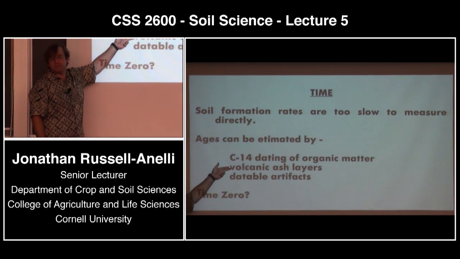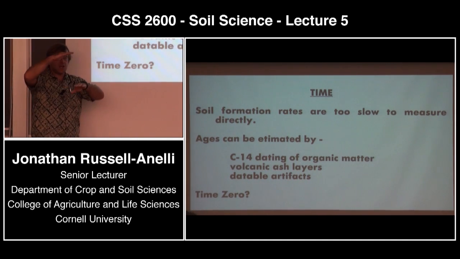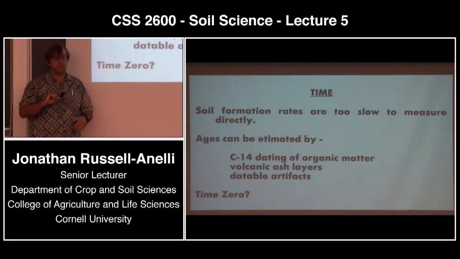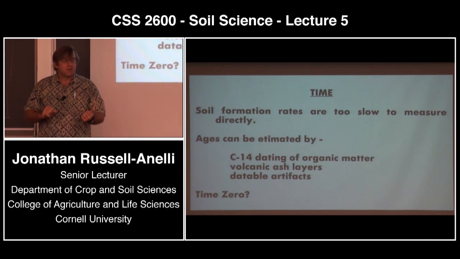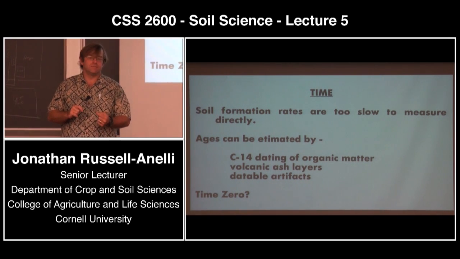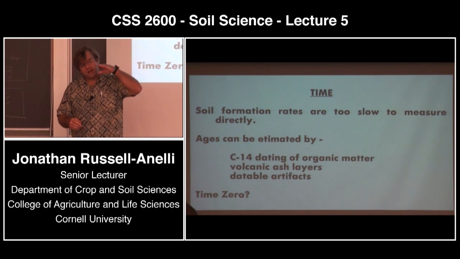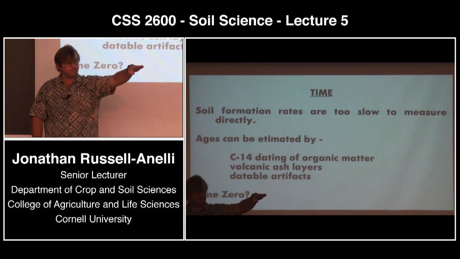Or we have cesium tests from the nuclear age. Okay, I can find that layer where the cesium is, and I can see how much accretion I have on top of it, and that's how much soil was developed in that period of time. The question comes, though, what in fact is time zero? Okay, let's go back to that cesium or the forest fire. I've got a layer in my soil of cesium.